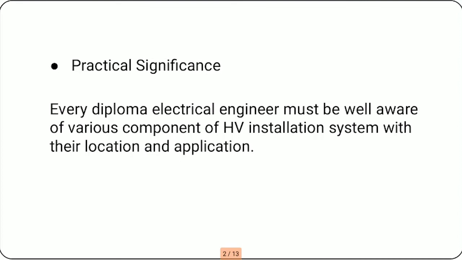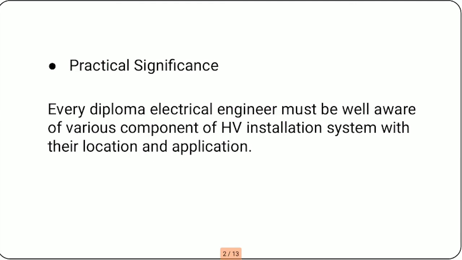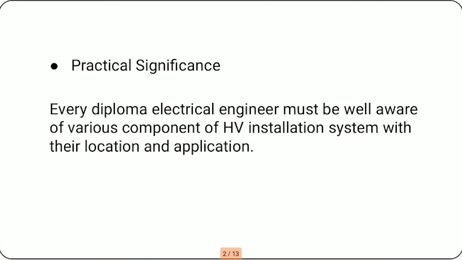First of all, what is the practical significance of this experiment? Every diploma electrical engineer must be well aware of various components of an HV installation system with their location and application.